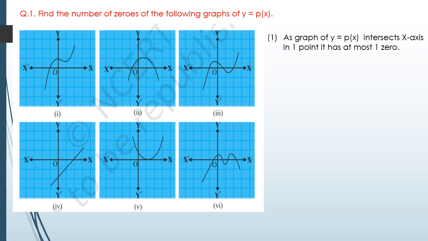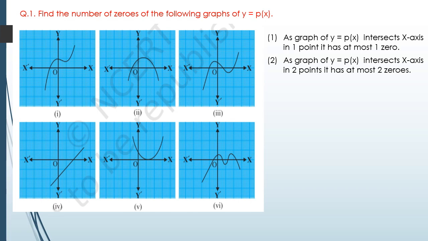The second one, we can definitely say it is the graph of a quadratic polynomial, because it is of parabolic shape and it is intersecting the x-axis in 2 points, so it has at most 2 zeros. So for the second one, as the graph is intersecting the x-axis in 2 points, it has at most 2 zeros.